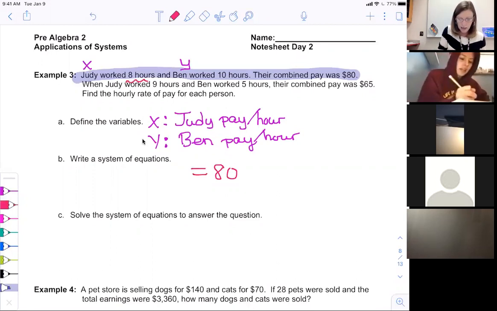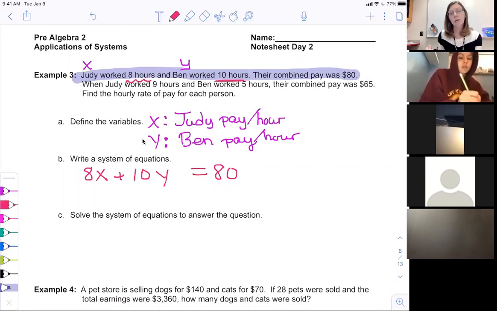Judy worked 8 hours, but I don't know what her pay is. But to find it, I would take 8 hours times the amount of money she made. Ben worked 10 hours. Again, I don't know how much he gets paid per hour. But to find that, I would take 10 times y. So my first equation says 8x plus 10y equals 80.